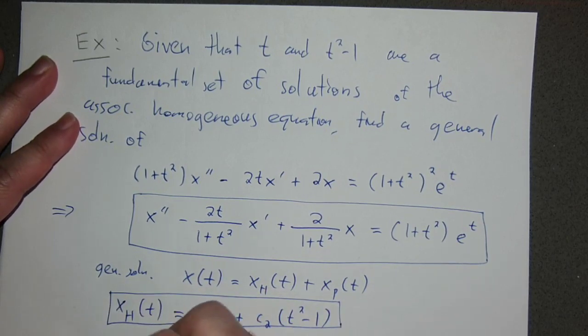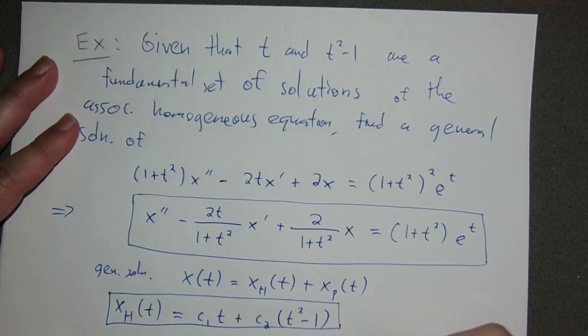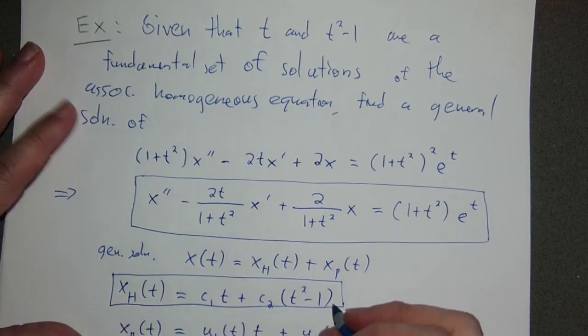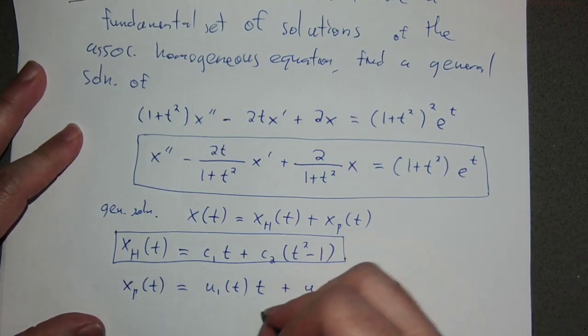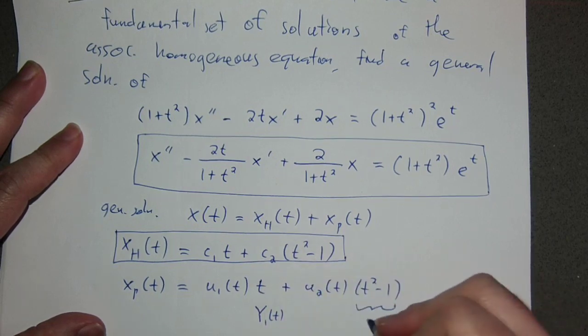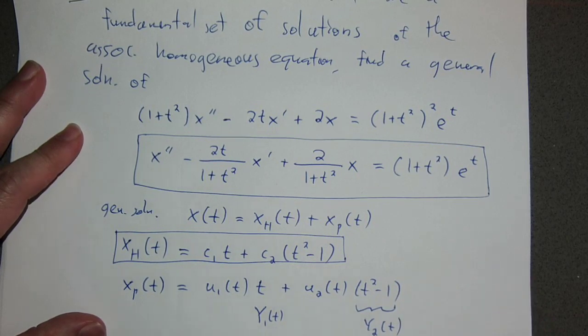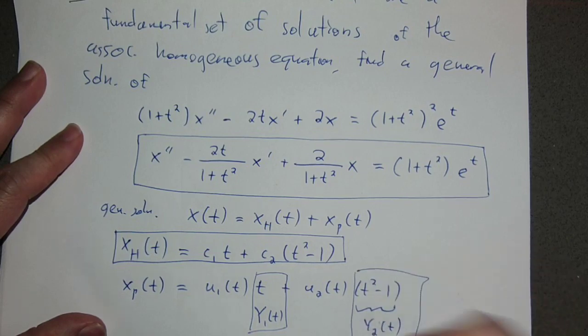And I know by variation of parameters that the particular solution I seek looks like u sub 1 of t times t plus u sub 2 of t times t squared minus 1. Recall that in that formulation, this is y sub 1 of t, which is t, and this is y sub 2 of t, which is t squared minus 1.